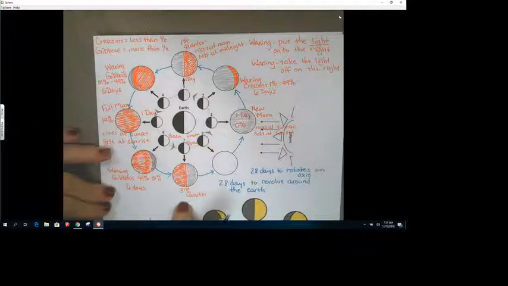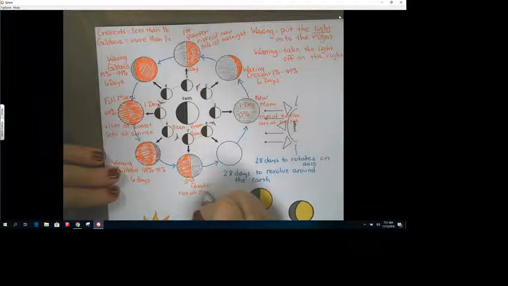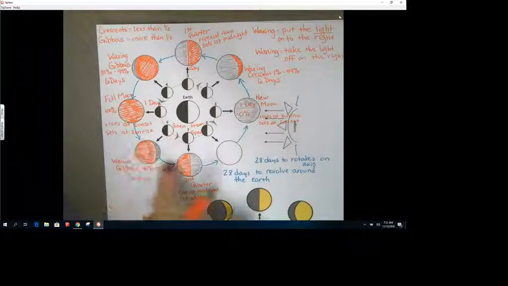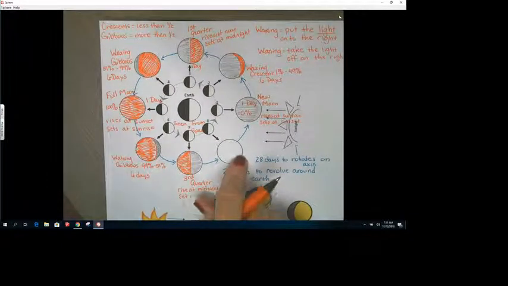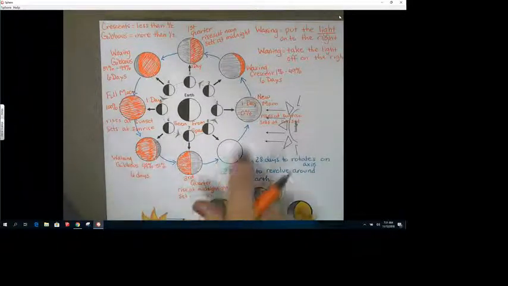Third quarter moons rise at midnight and set at noon. So as you're seeing these phases of the moon, if you see the moon up nice and bright in the morning hours when you're coming to school, you're in the waning phase.